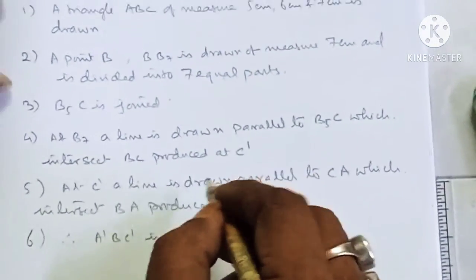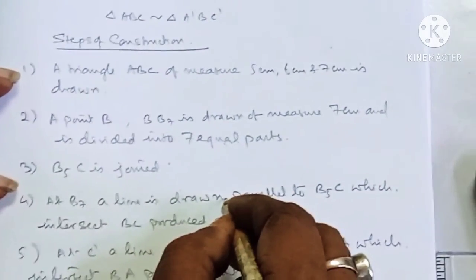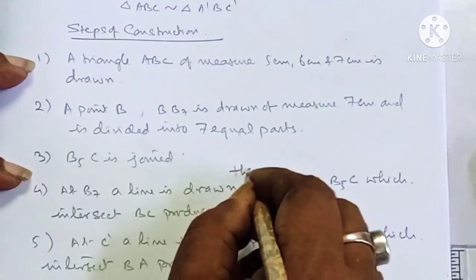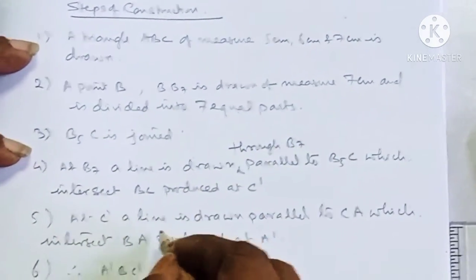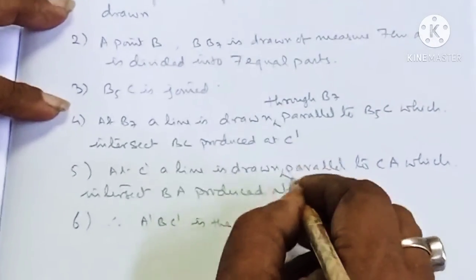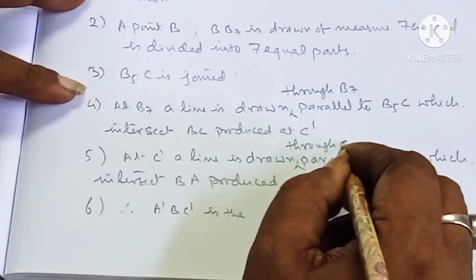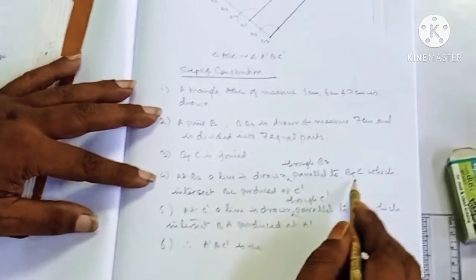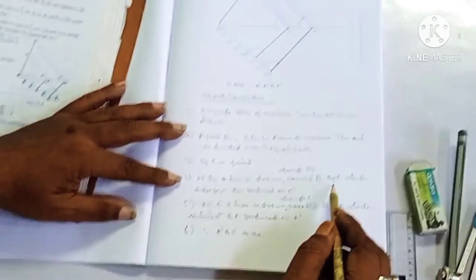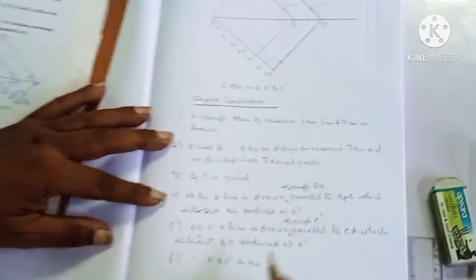At B7 a line is drawn through B7. Similarly, at C dash a line is drawn through C dash parallel to CA, and through B7 parallel to B5C.